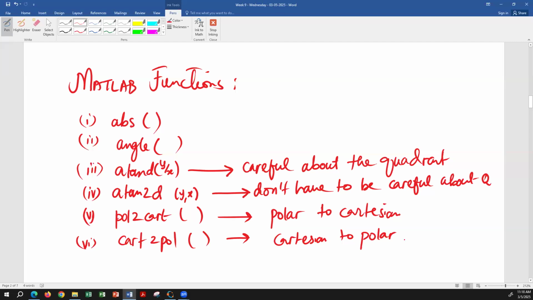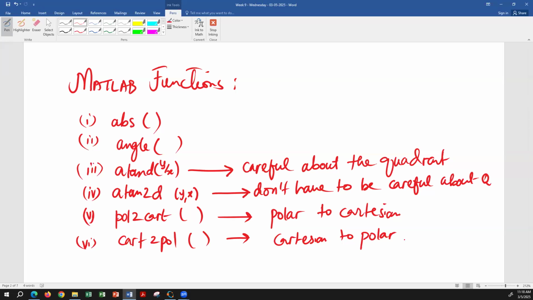The only issue with polar to Cartesian is the output is going to be separate x and y. So it's not a single number. And likewise, cart2pol is going to give you your angle and your magnitude as two separate entities, which it should be.